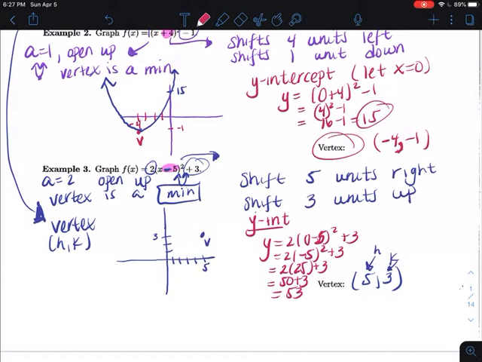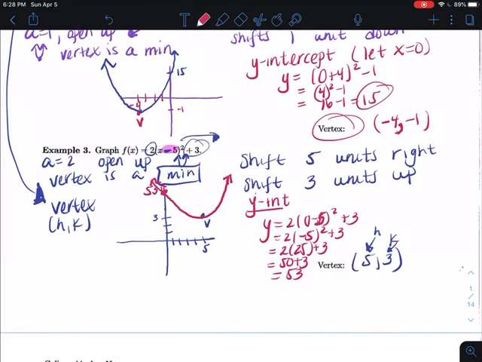So your graph is going to cross the y-axis at 53. Now again, I'm just doing a rough sketch, a guesstimate. My parabola looks something like this. Now I'm going to use Desmos to do the actual graph, but that gives you an idea what your graph is going to look like.